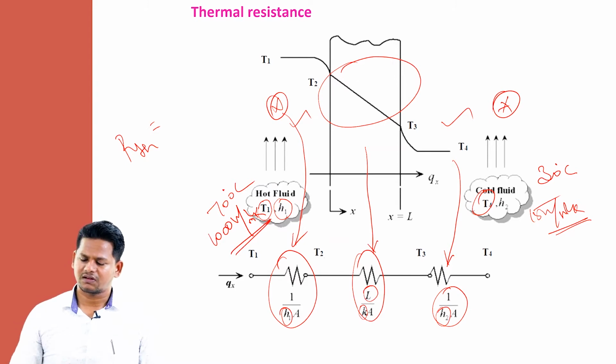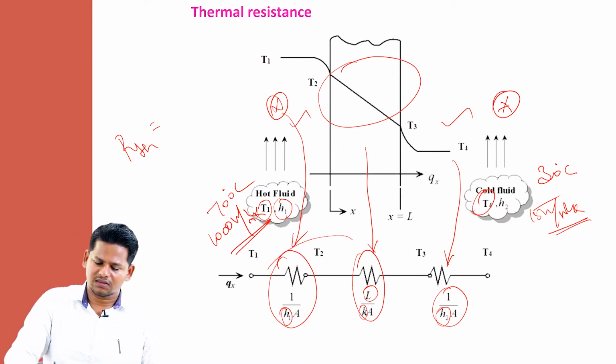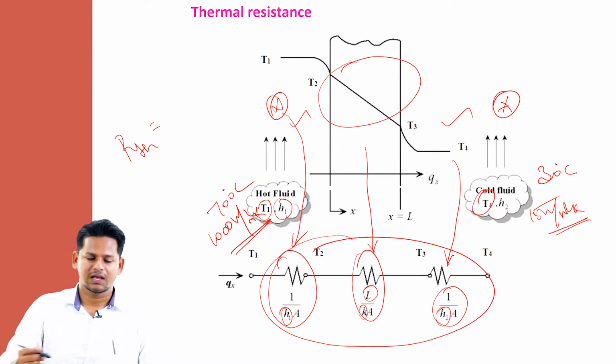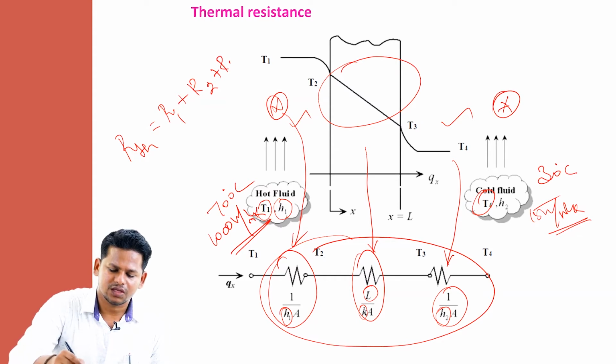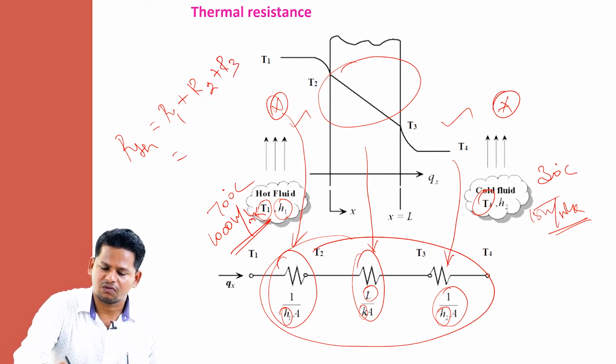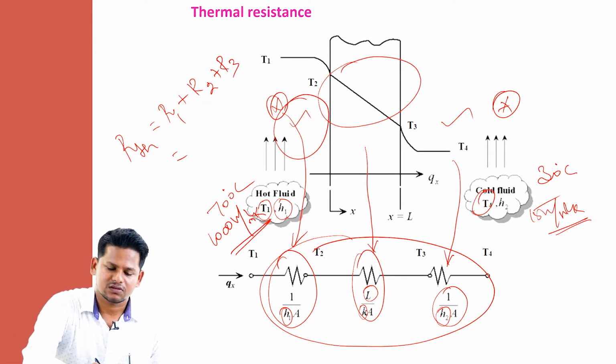In a problem they will mention these values. Practically we will get all these values. The only thing is you should know how to calculate the overall thermal resistance, and that is very simple: R1 plus R2 plus R3. What is R1? Here we have only convection, so 1 by HA. What is R2?